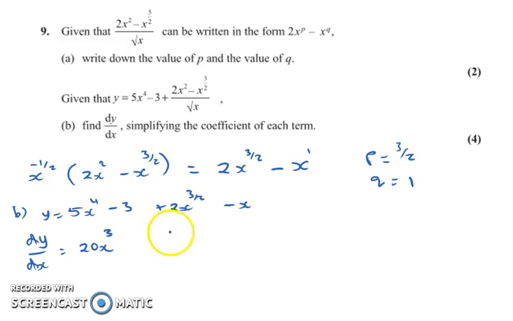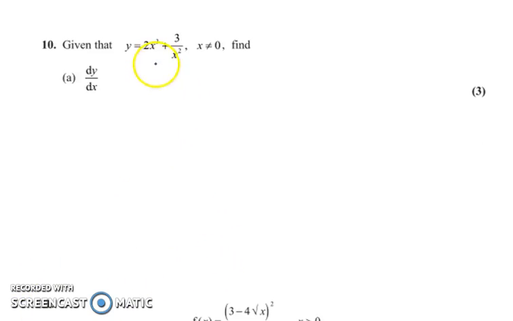The constant disappears. 3 over 2 times 2 is 6 over 2, which is 3. We're going to take away 1 from the power, so we get a half. And minus x just becomes minus 1. And that's it.